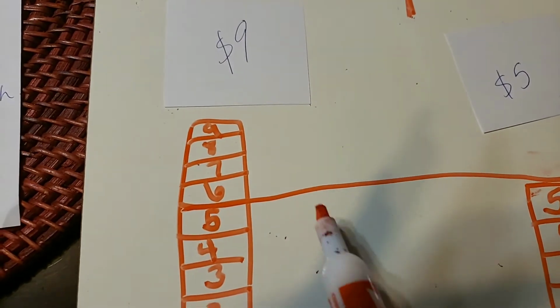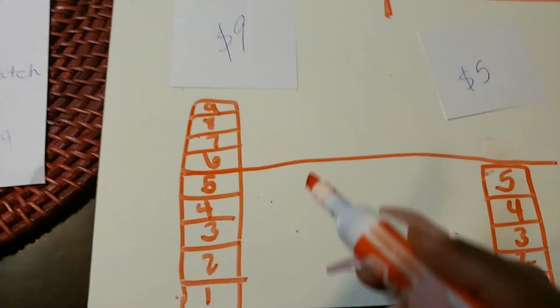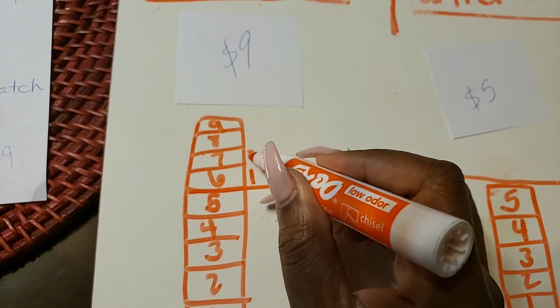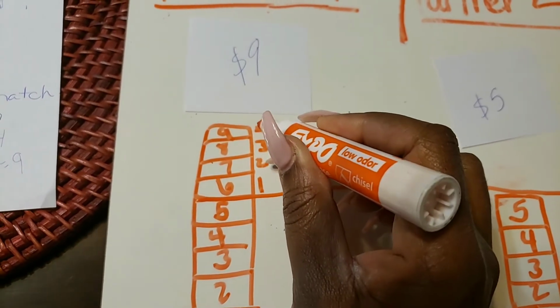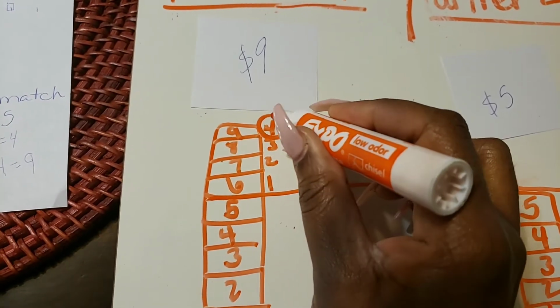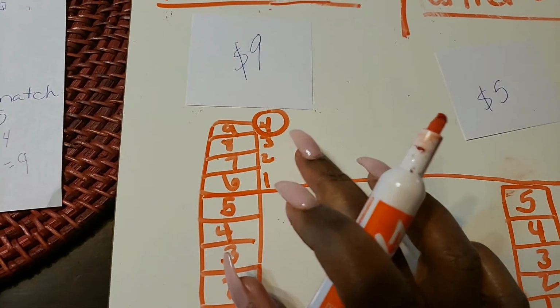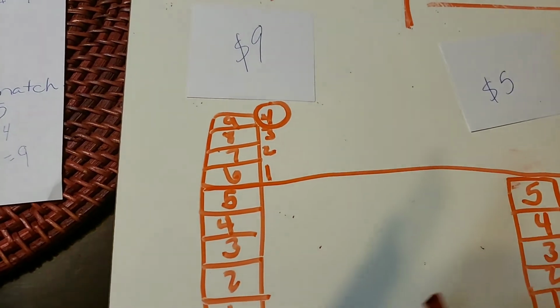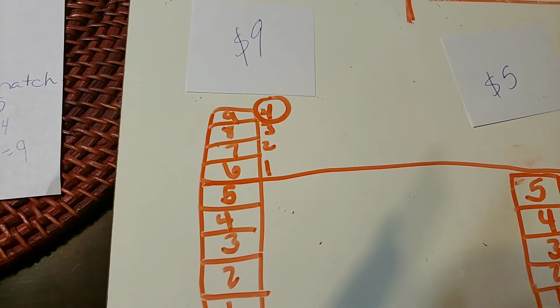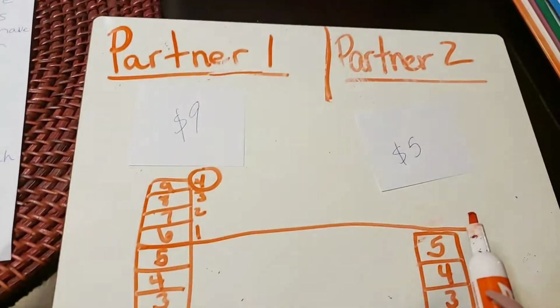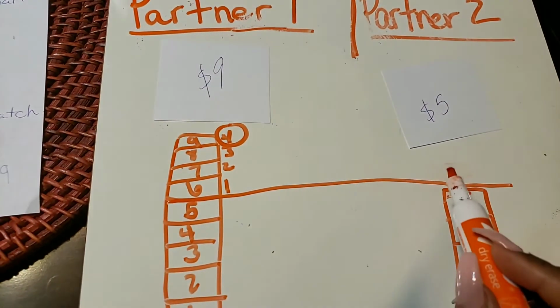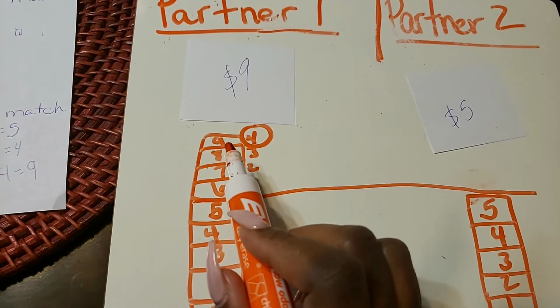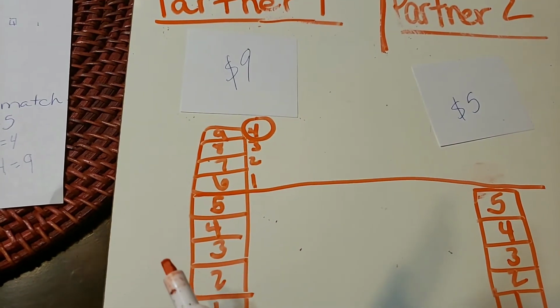Right here we have 5. We cut off the extras and count and see how many extras we have. So how many extras do we have? Get ready. Yes, 4. So partner 2 needs 4 more to catch up to partner 1.